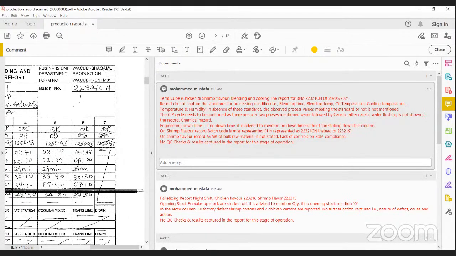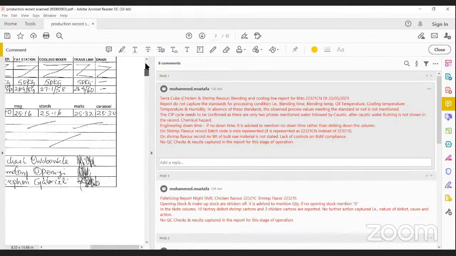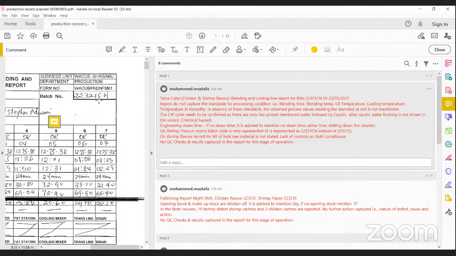So we have the same batch code 22321CN here, also 22321CN here too. So we should try and rectify that.